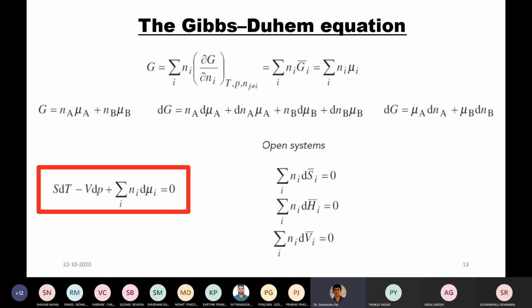In the absence of non-PV work, an extensive property, we know what an extensive property is, such as the Gibbs free energy of a system, can be represented by a function of partial derivatives, and that gives rise to an equation.